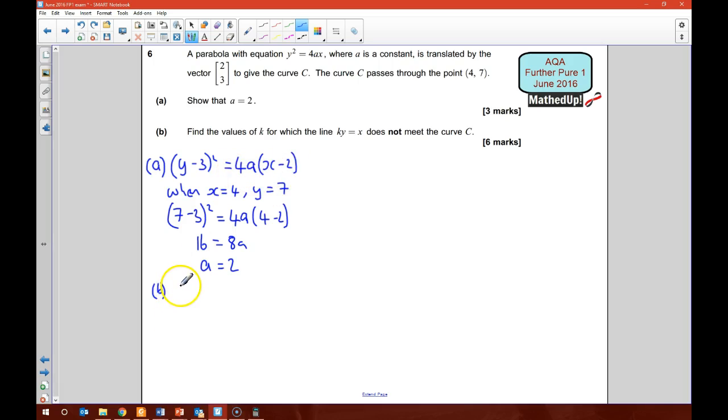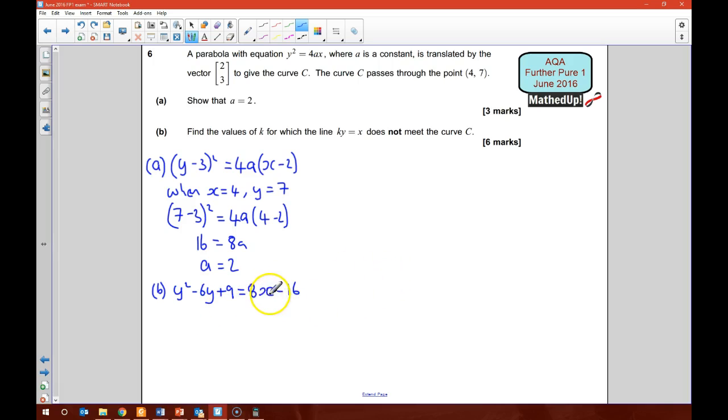So let's start by writing down the equation in expanded form. We've got y squared take away 6y plus 9 is equal to, and a is 2, so that's going to be 8x take away 16.